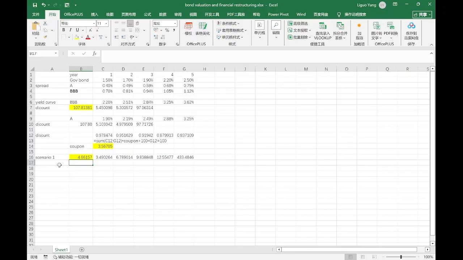Okay. Then we will go ahead with the second scenario, that the bond is based on the fixed annual repayment of the interest and the capital. Firstly, we will need to know the annual payment, right? Which should be, okay.